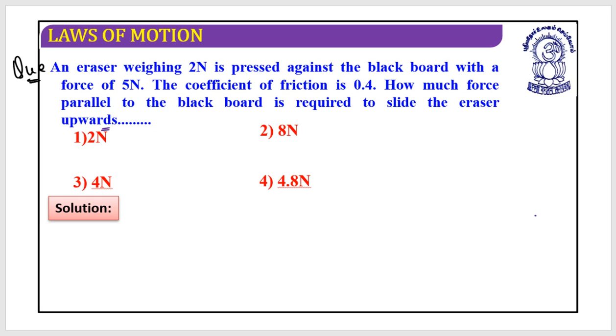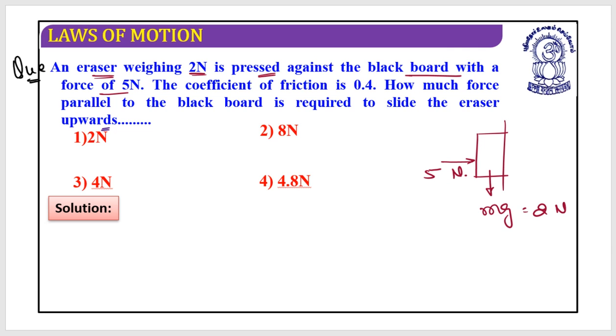Let's have a look at what the question is saying. An eraser weighing 2 Newton is pressed against the blackboard with a force of 5 Newton. So it must be something like this, that this must be the eraser and its weight is given. So mg of this is 2 Newton and it is pressed against the blackboard with a force of 5 Newton, something like this.